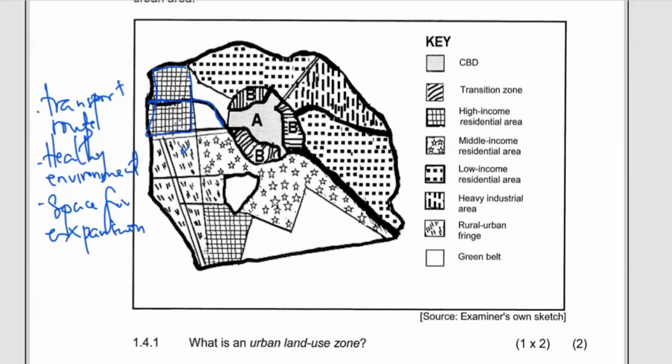Refer to the transition zone at B. Right, this B here is the transition zone. When we're talking of the transition zone, we are saying that is an area where activities change. We are coming from the CBD going to the outer part of the CBD. We have a certain area which we call the zone of transition or the zone of decay, where we have mainly unmaintained buildings and most of them illegally occupied as we move out of the CBD going to the outskirts.